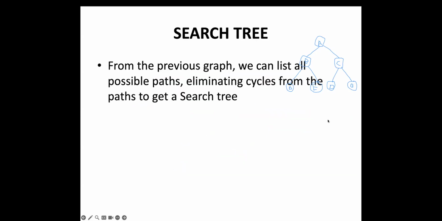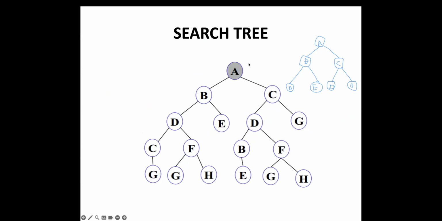When we form a complete search tree, we'll end up with something like this. Let me just get rid of this part quickly. So a search tree will look like this, and it will show all the states that we can reach from the parent node.